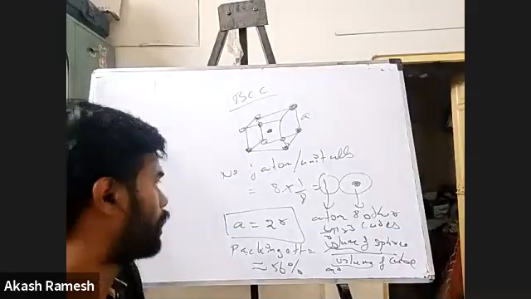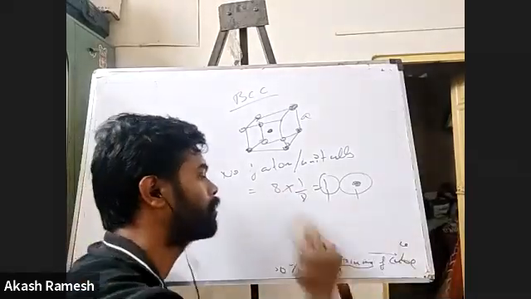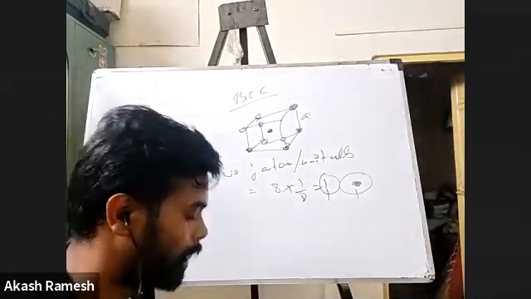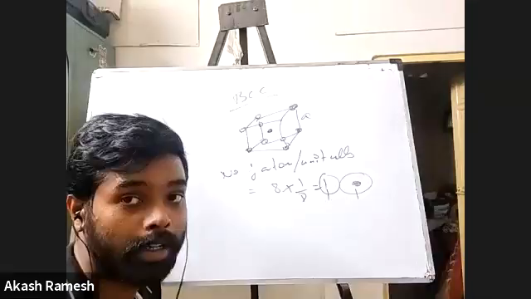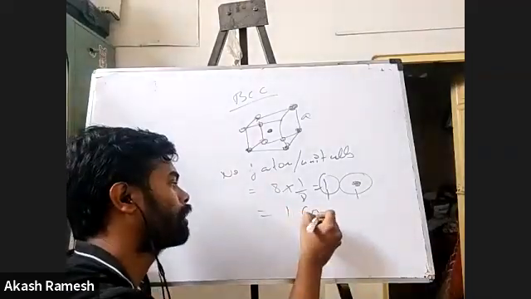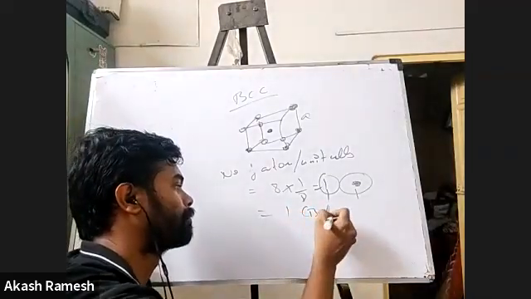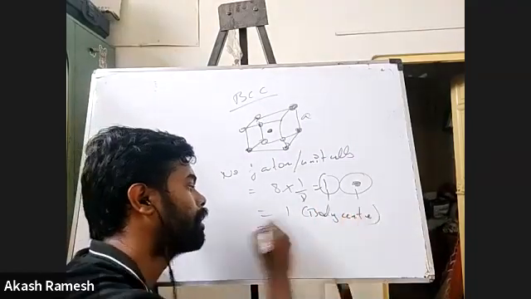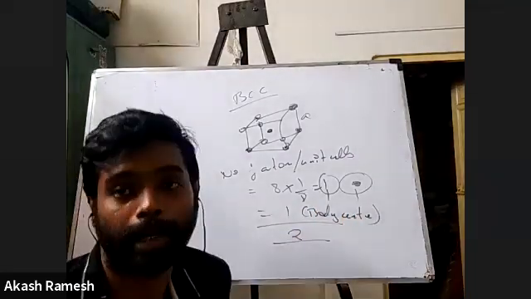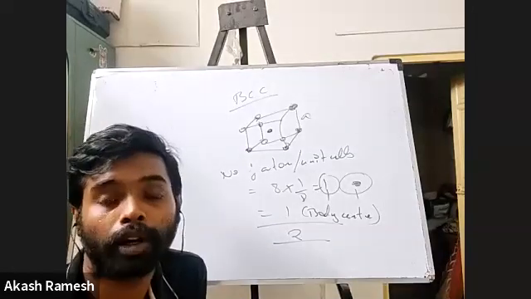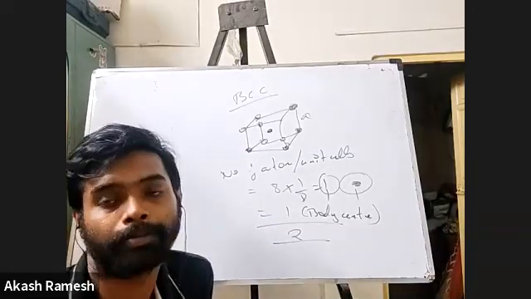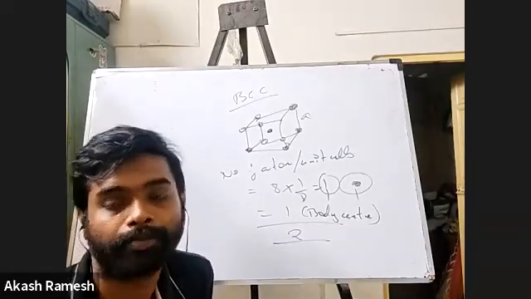Now, for the number of atoms per unit cell, 8 into 1 by 8 is equal to 1. That is for the corners, and entirely 1 for the body center. So totally you have 2 atoms per unit cell for body-centered cubic.